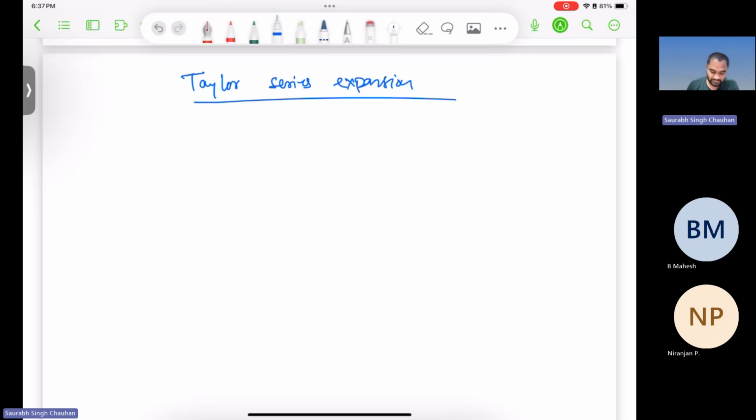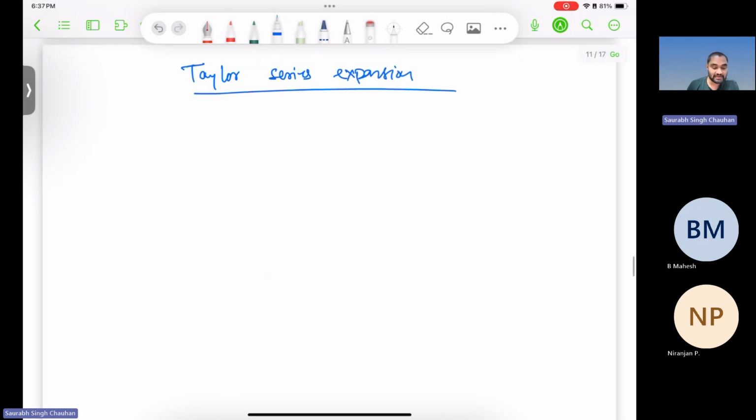Taylor series expansion. The underlying concept is that any function at a point can be written as a polynomial. For example, you have a function f(x).